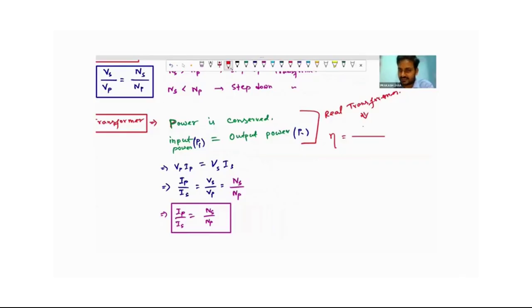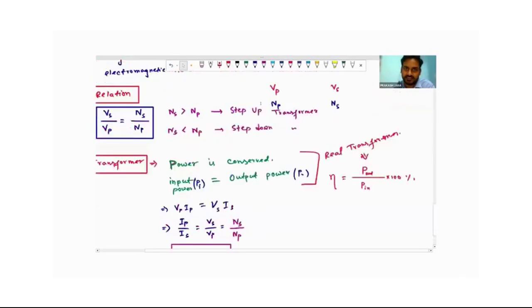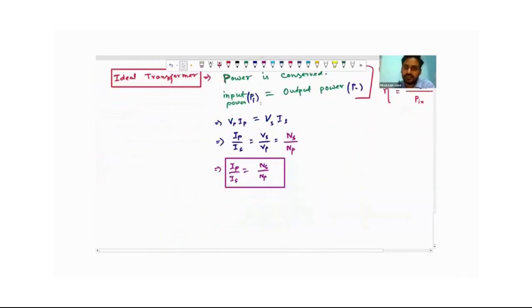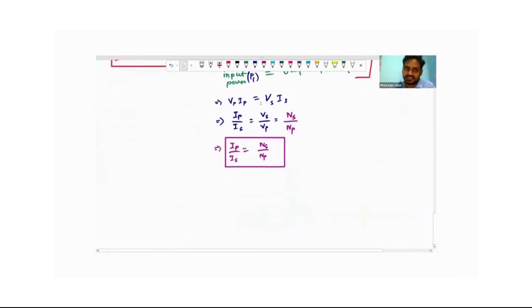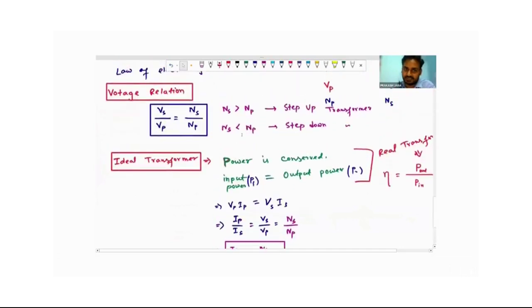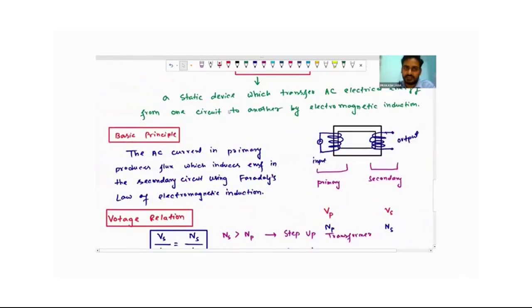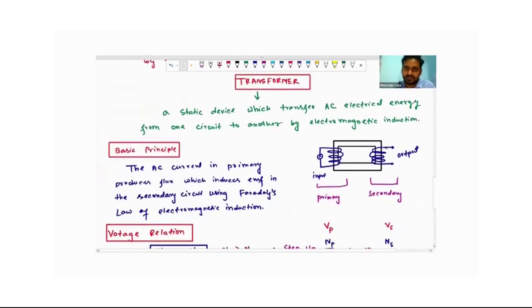In that case, efficiency is defined as power output by power input times 100%. For a real transformer, we calculate the efficiency. Simple numerical questions can be solved using these relations: Ip by Is, the relation between power and efficiency, and step up, step down, Vs by Vp.